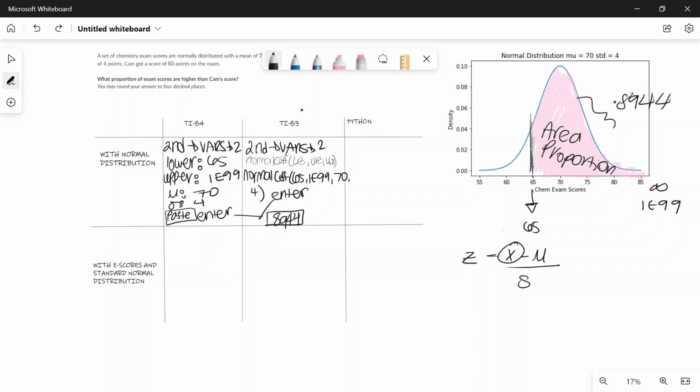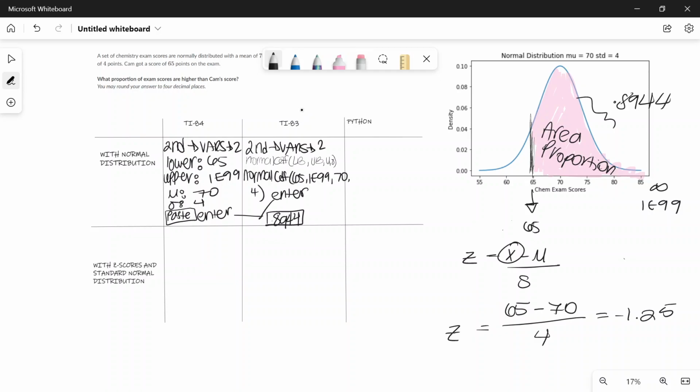The mu, again, we know is 70, and the standard deviation is 4. So this is your z. If you put that in your calculator, 65 minus 70, divided by 4, you get negative 1.25.